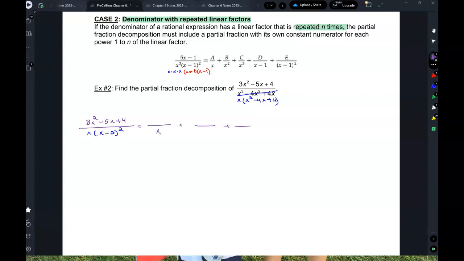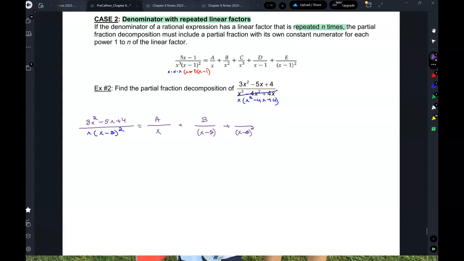This one has an exponent of 2, so first I write it with an exponent of 1, and then I write it again, adding to the exponent until I reach 2. Now, constants. This gets an A, this gets a B.